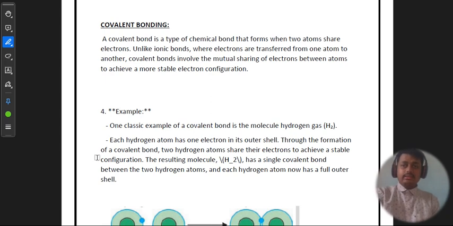If we read the slide, we can see that a covalent bond is a type of bond that forms when two atoms share electrons. Unlike ionic bonds where electrons are transferred from one atom to another, covalent bonds involve the mutual sharing of electrons between atoms to achieve a more stable configuration. The octet rule is still followed here, and we have seen the example of nitrogen.